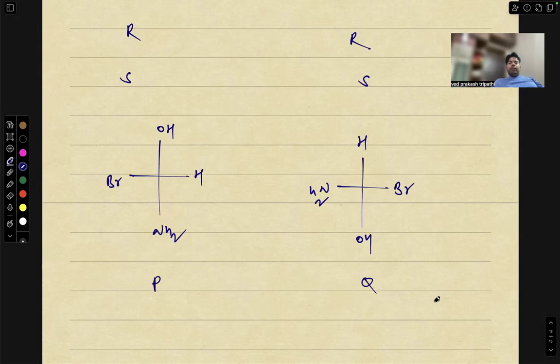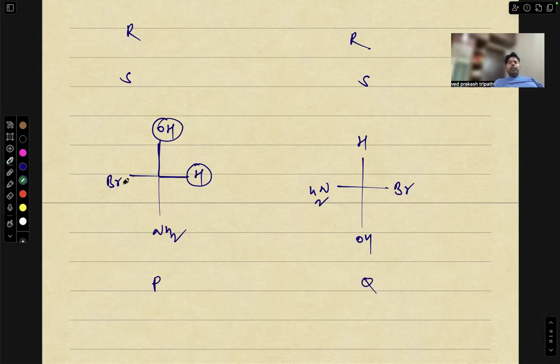Look at the OH and H. OH goes vertically down and H goes vertically up, but here it is horizontal and vertical axis. So how can we do this? We will fix one by one. We are going to make P like Q, but one by one. Each group we will fix one by one.